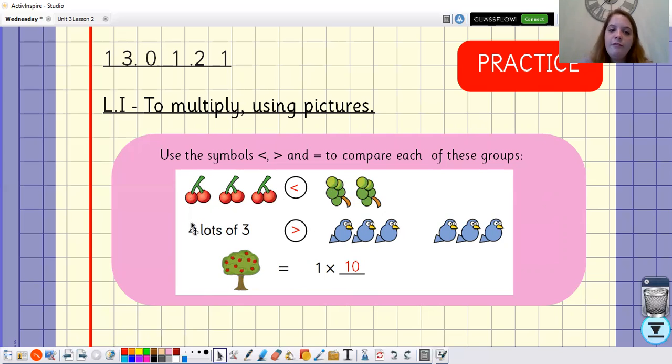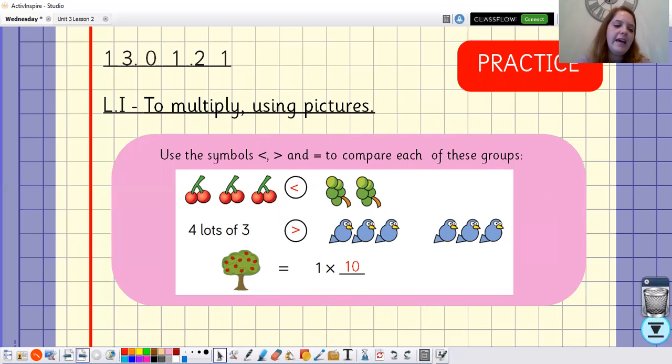Now here, 4 lots of 3 would be greater than the birds, because 4 lots of 3 equals 12, but the birds equals 6. So 12 is greater than 6. And here we can see it's one group of 10. There are 10 apples on the tree.